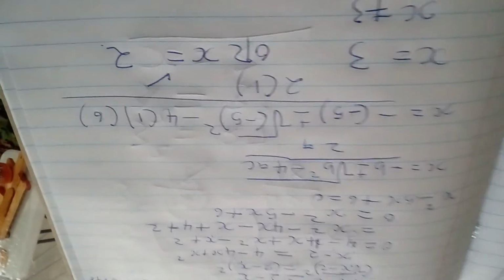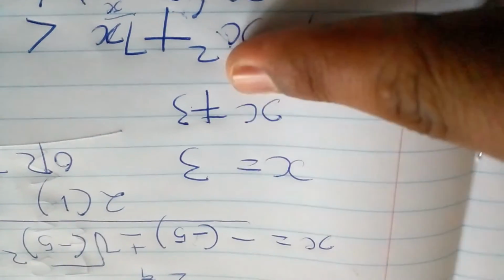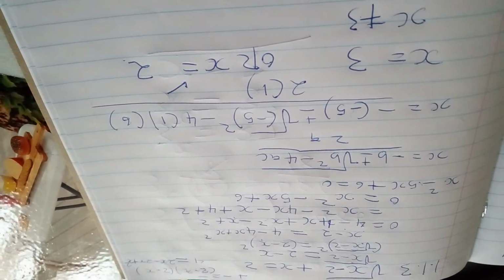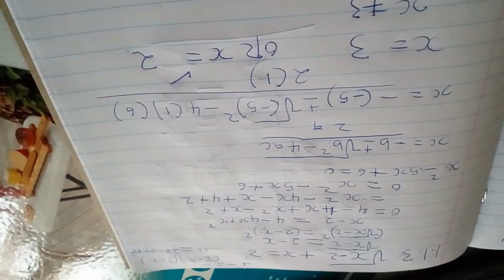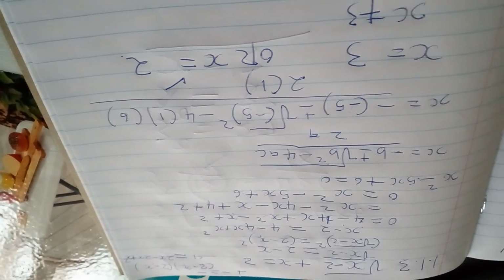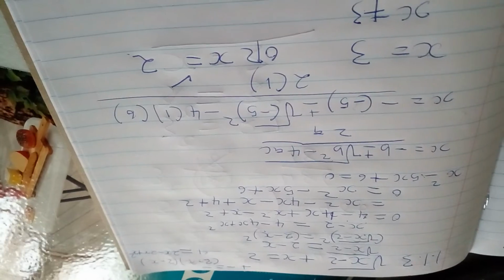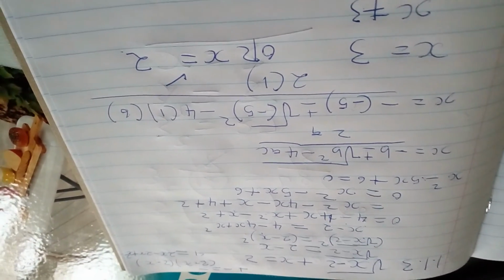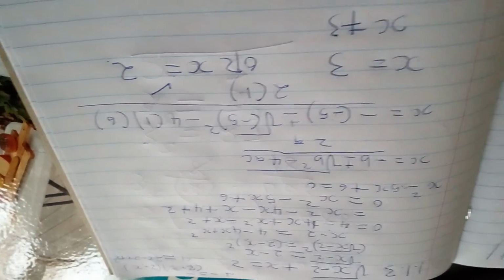It didn't give me 2, it gave me 4. So I said x is not equal to 3, because it gave me 4. This is not equal. But I said square root of 2 minus 2 plus 2, which gave me 2. I took the values of x and plugged them in, then it gave me 2, which is equal to this equation.